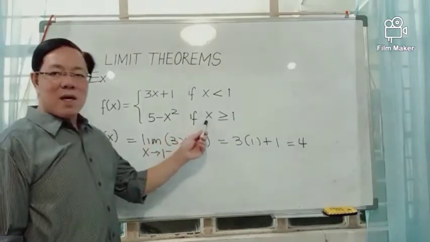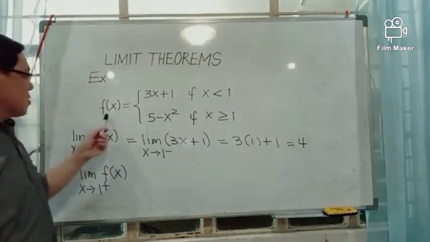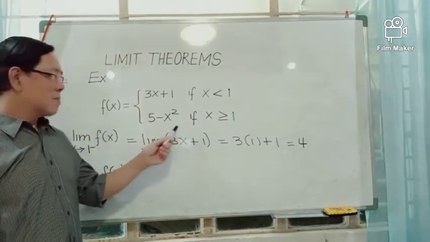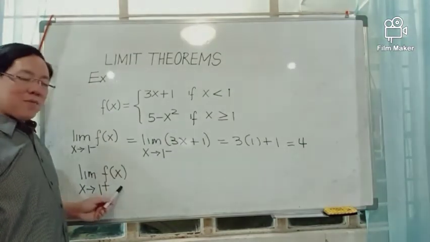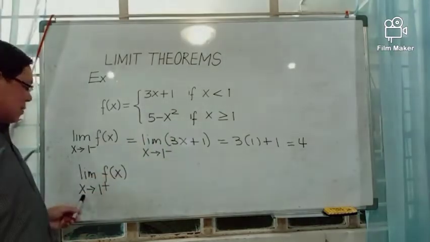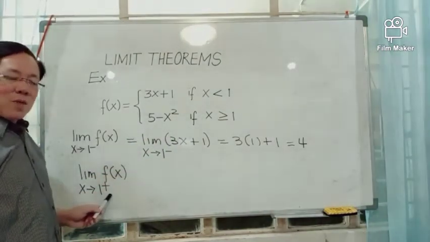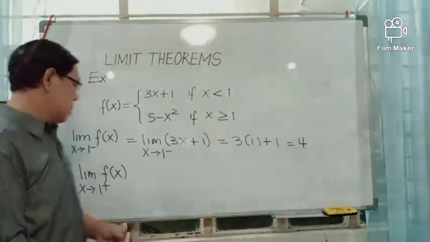When the value of x is greater than 1, the value of the function f of x is given by 5 minus x squared. Hence, in this limit, we replace f of x with 5 minus x squared, because the values of x are approaching 1 from the right, which means that the values of x are greater than 1.